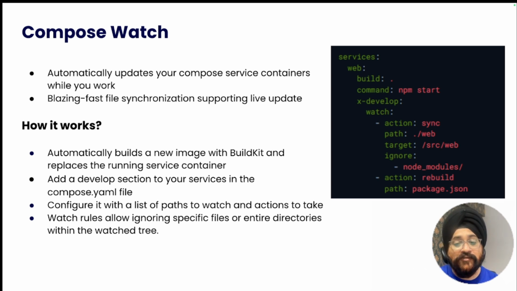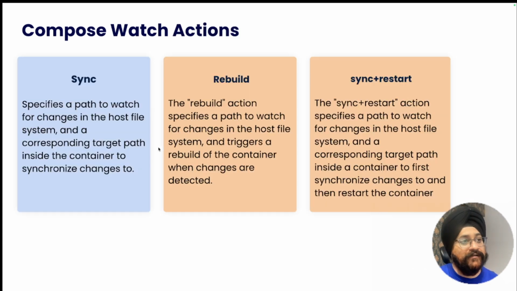In this example, you can see we have a develop attribute. x-develop was in beta, but feel free to go ahead and use develop. And for each of these watch attributes, we specify a certain action. Let's look at those actions.